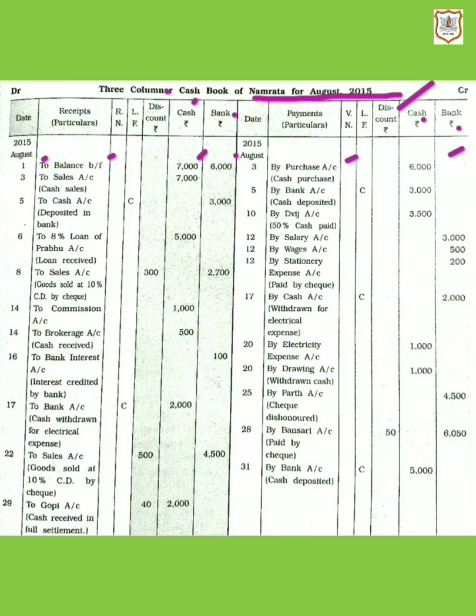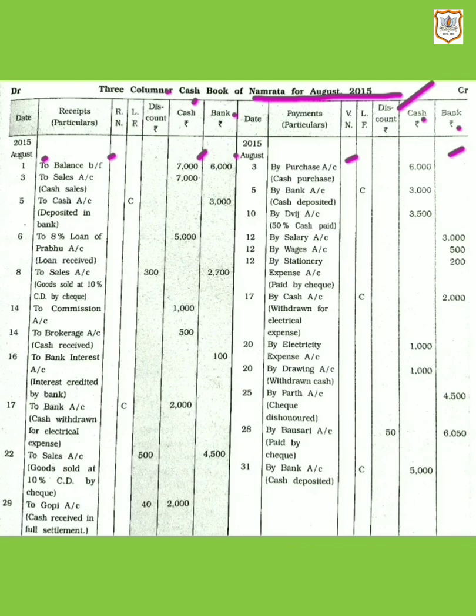That means in the particulars column, we will write the name of the account under which the payment has been made. Now, cash sales. If we sell goods on cash transaction, that means we must have received the amount for the goods sold.